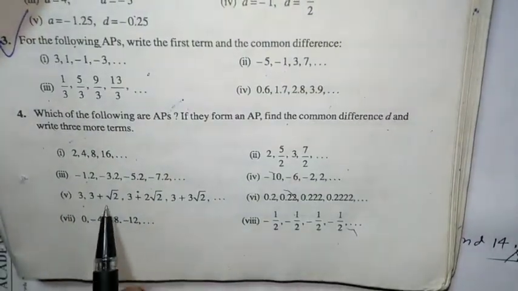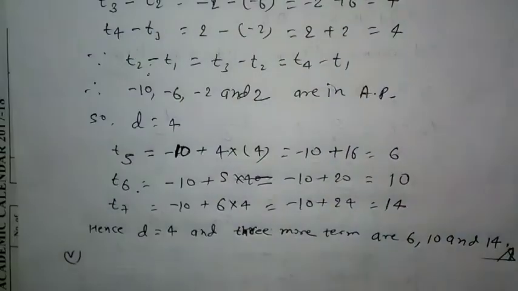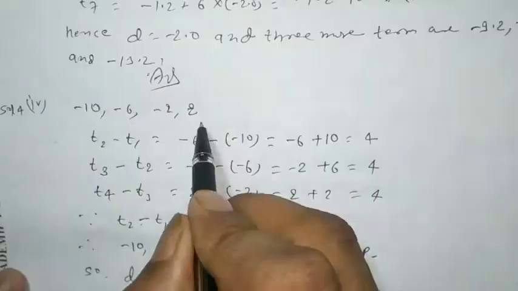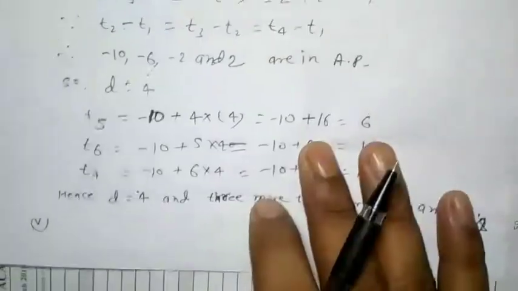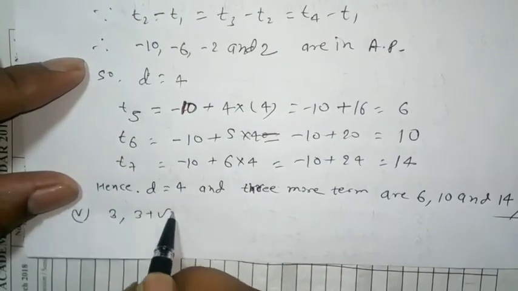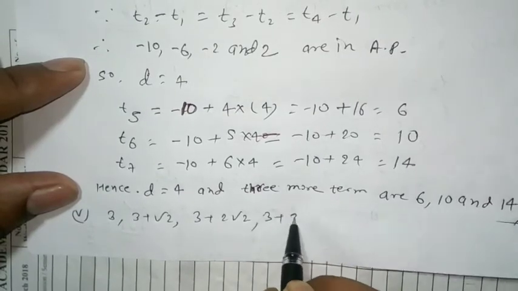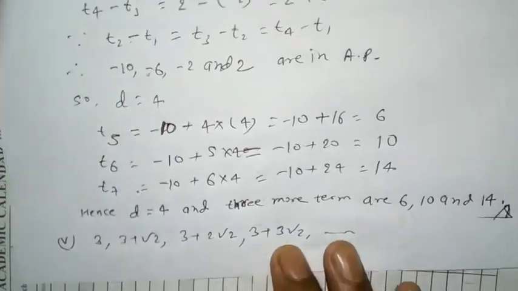Question number 5. 3 plus root 2, 3 plus 2 root 2, 3 plus 3 root 2, dot dot dot.